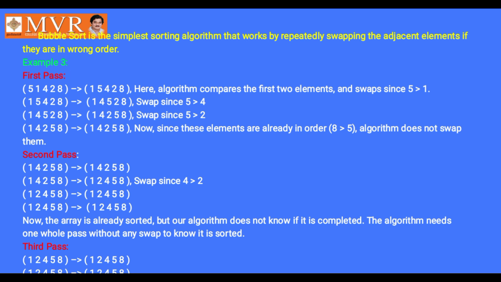Hence here the algorithm compares the first two elements and swaps since 5 is greater than 1. You have to write like this only. While solving a problem, you have to write these comments also. This is a simple example where I have written all this. Follow this procedure. You can either follow this procedure or the procedure I have mentioned earlier.